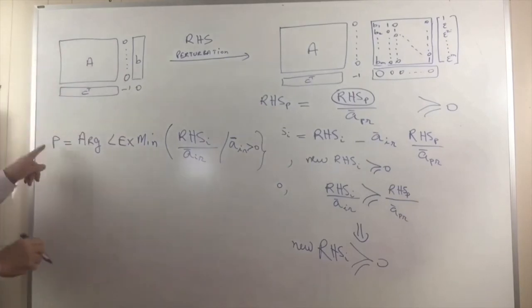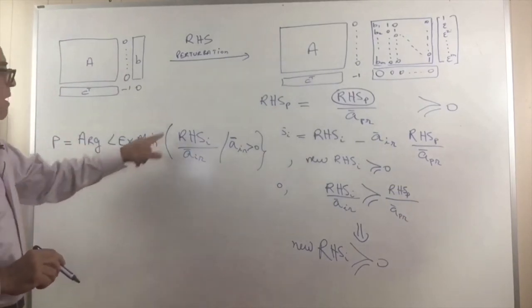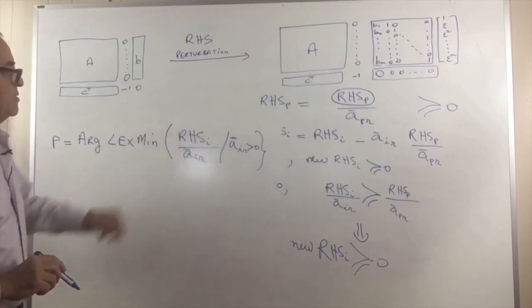So I need to choose the pivot row so that it is the lex minimum of these vectors here.